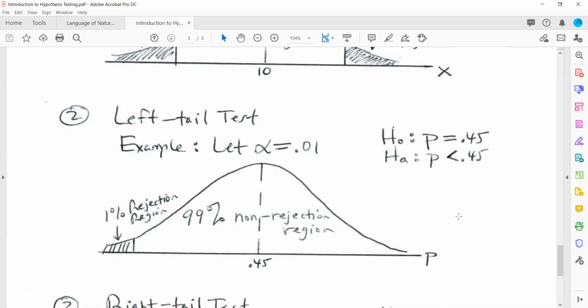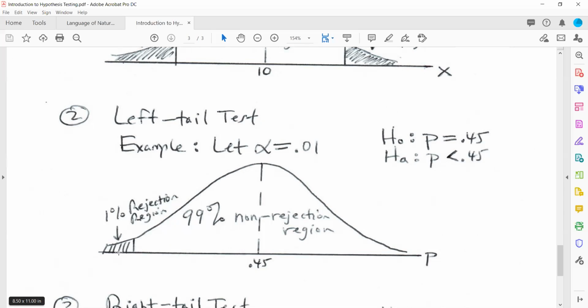So once again, if the sample proportion is much lower than 0.45, to the point where it's in this region down here when we plot it, then we're going to reject the null hypothesis of 0.45 and say we believe we have enough evidence to reject 0.45 as the population proportion, and we believe it's less than 0.45.